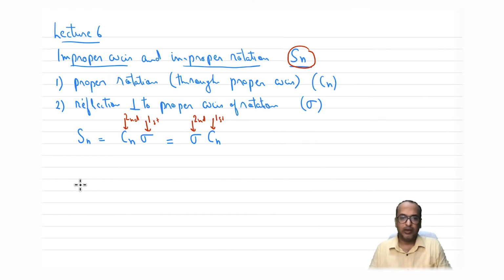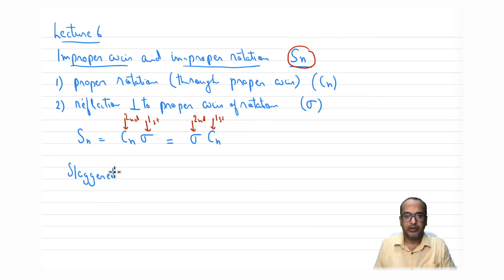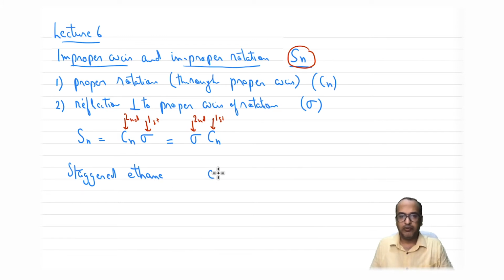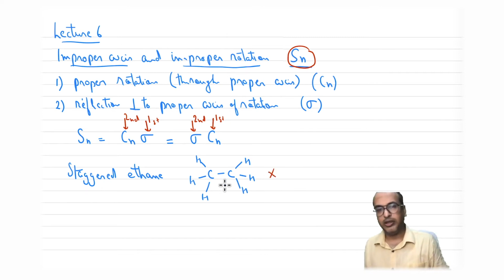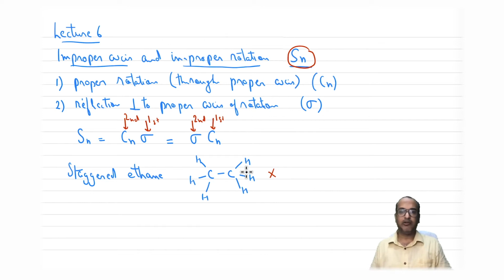So let us look at an example of staggered ethane. How do you draw this molecule? So we have C, C, H, H, H, right? You must have seen this drawing earlier, but in symmetry class, you will never draw a molecule like this, because it does not tell you the orientation of each hydrogen.